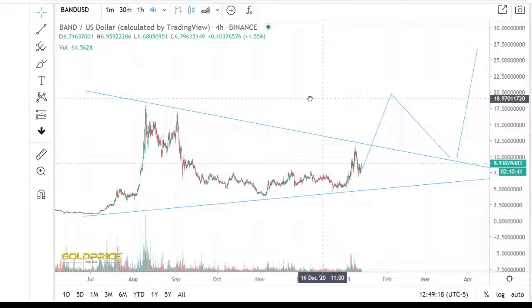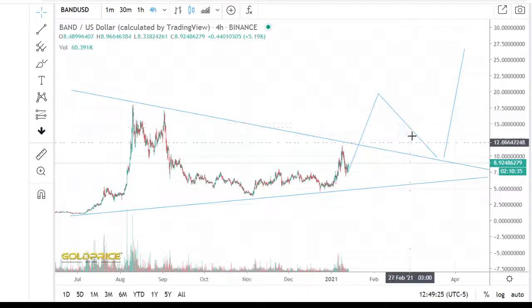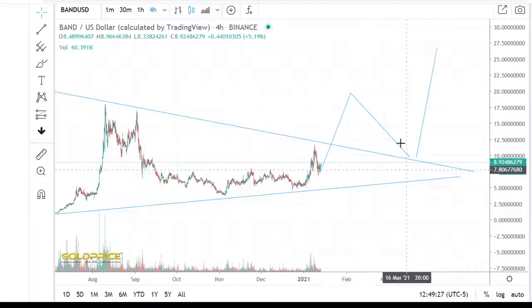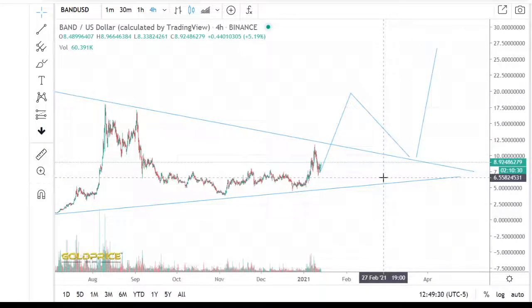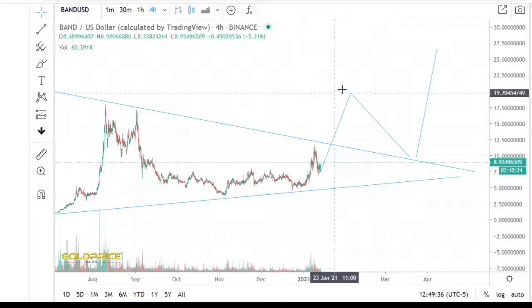But after that, I think we will fall to the downside, because we have to test this again here, and we have also a huge space here. Let's look. I will not look at the negative side. I will look at the positive side.